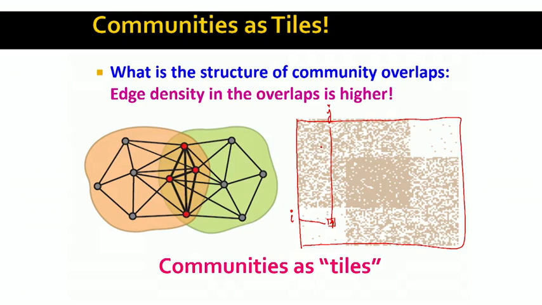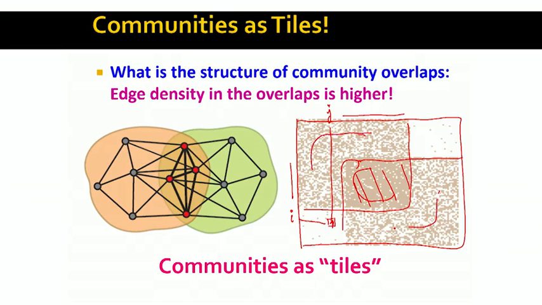What we see in this case is that we have two groups. The two groups overlap, and the set of nodes that belongs to both groups has more edges amongst themselves. The shade is darker than for the nodes that belong to only one of the groups. That's the idea we want to exploit.